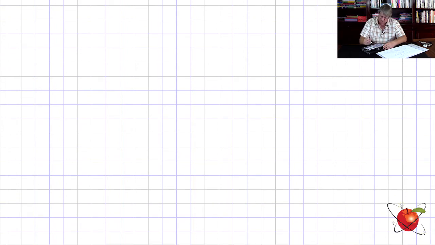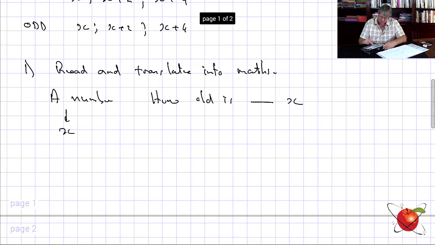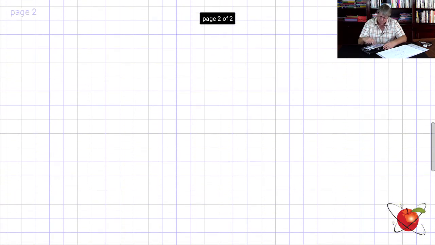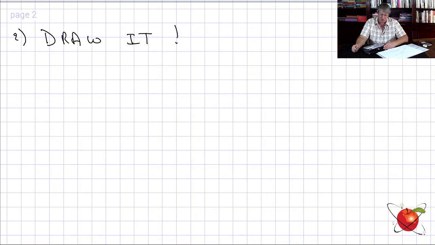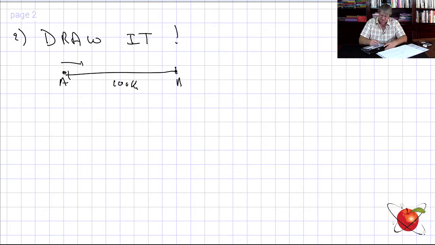Number 2 is: draw it. Where possible, draw it. If they tell you a boat goes from A to B, put down A, B, and put all the information they tell us. It could be 100 kilometers, and they tell you it sails at 25 kilometers per hour, etc. You put down all the information onto your diagram.